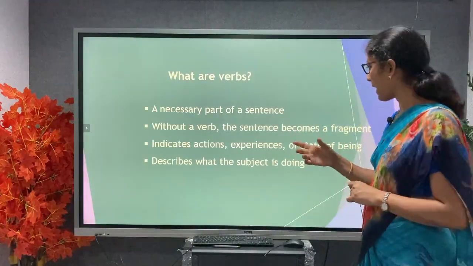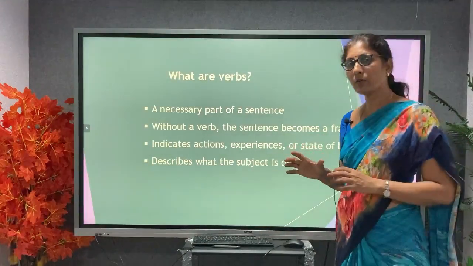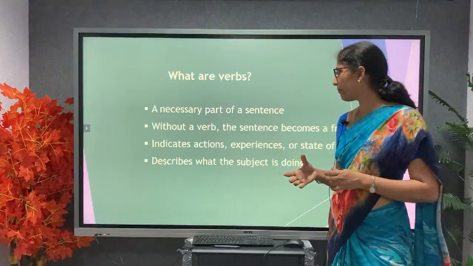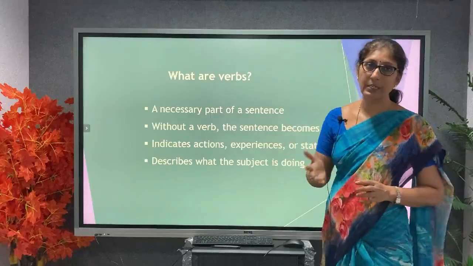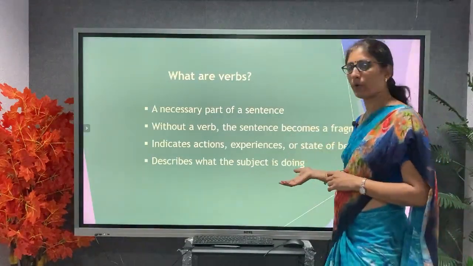A verb indicates actions, experiences, or state of being. It tells about a subject. Without a verb, we can't understand what the subject does. It describes what the subject is doing.